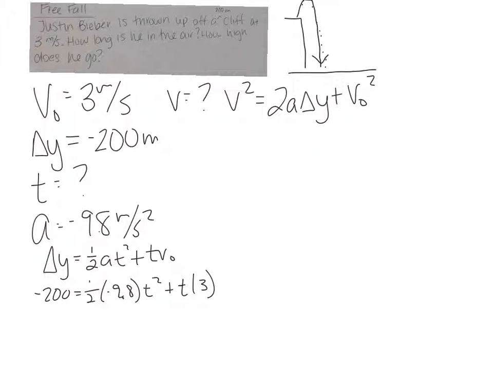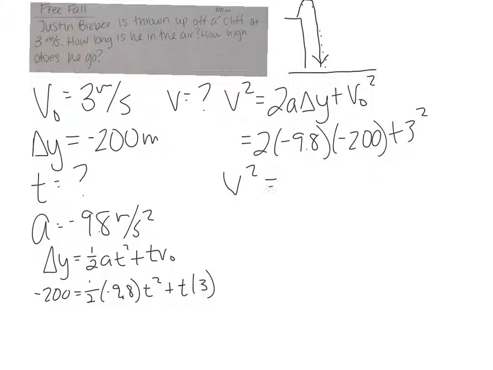So that equals 2 times negative 9.8 times negative 200 plus 3 squared. If I put that in a calculator, I get v squared equals 3929. Now I'll take the square root of both sides, and I get 62.7 meters per second is his final velocity.